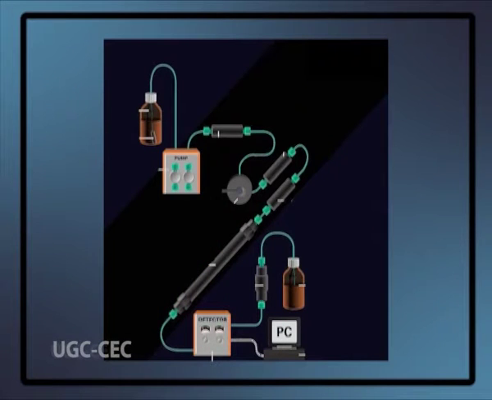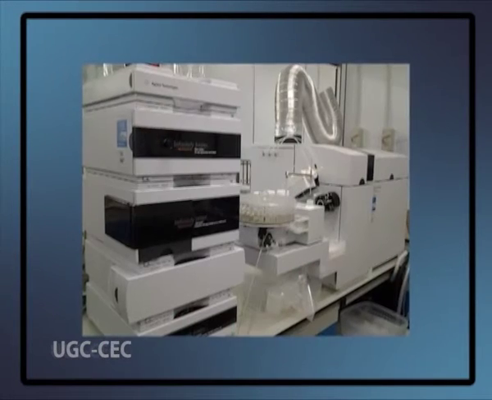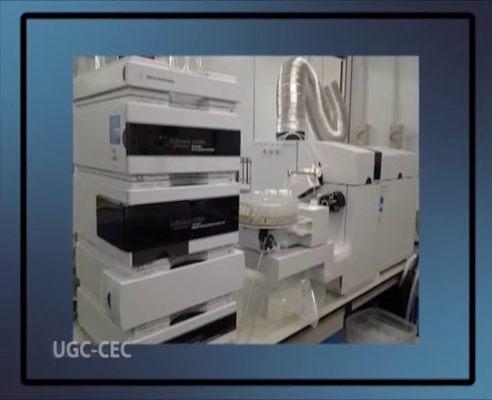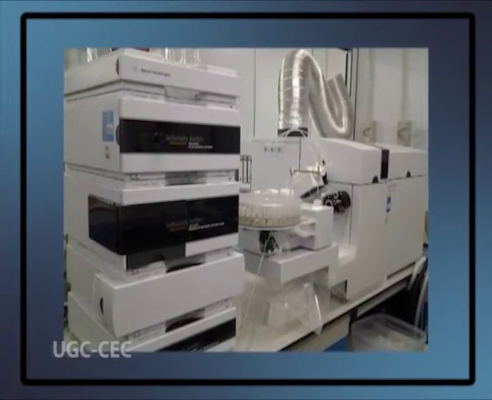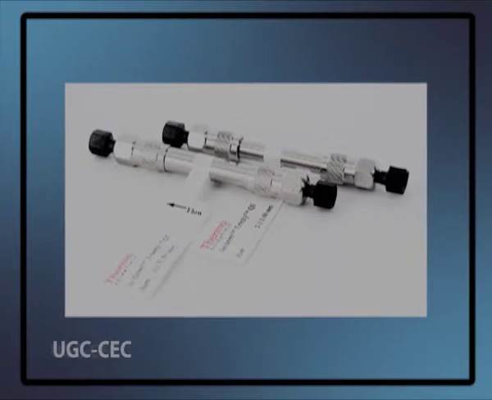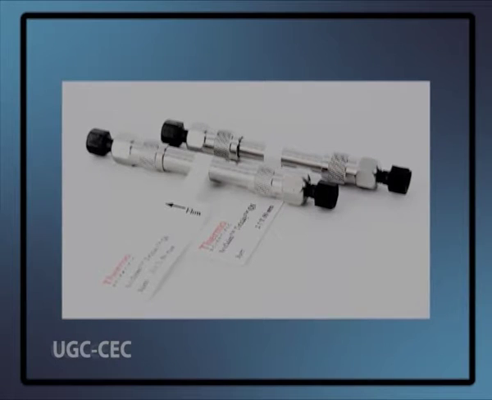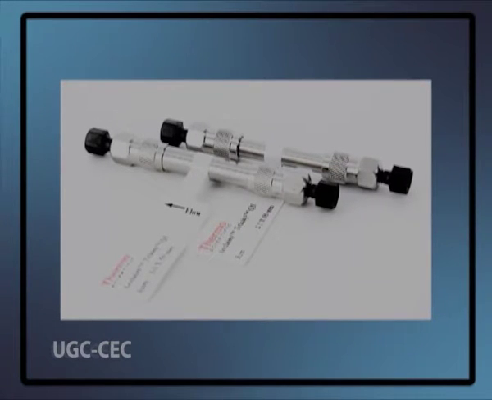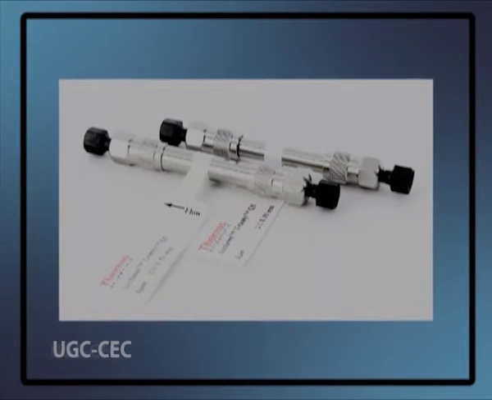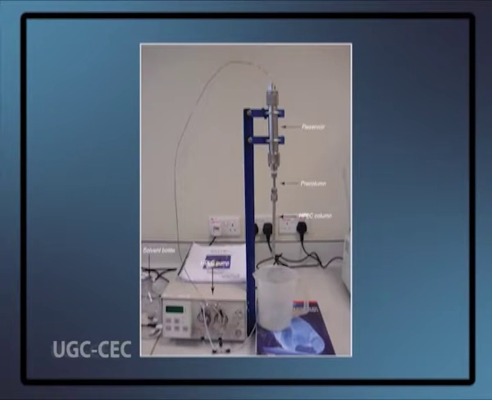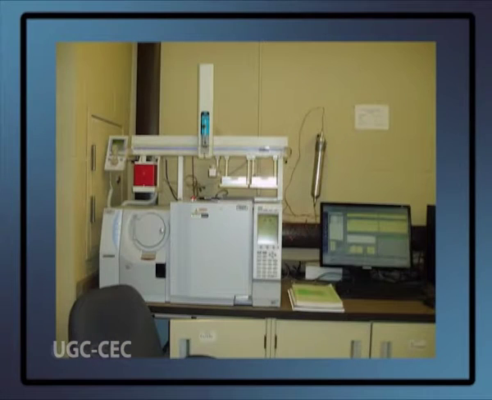HPLC separation technique involves the injection of a small volume of liquid sample into a tube packed with tiny particles, where individual components of the sample are moved down the packed column with liquid mobile phase forced to the column by high pressure delivered by a pump. These components are separated from one another by the column packing that involves various chemical or physical interactions between their molecules and packing particles.